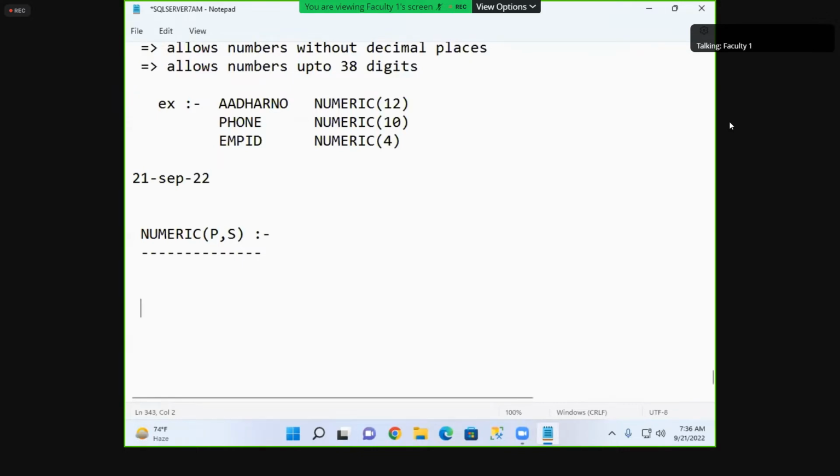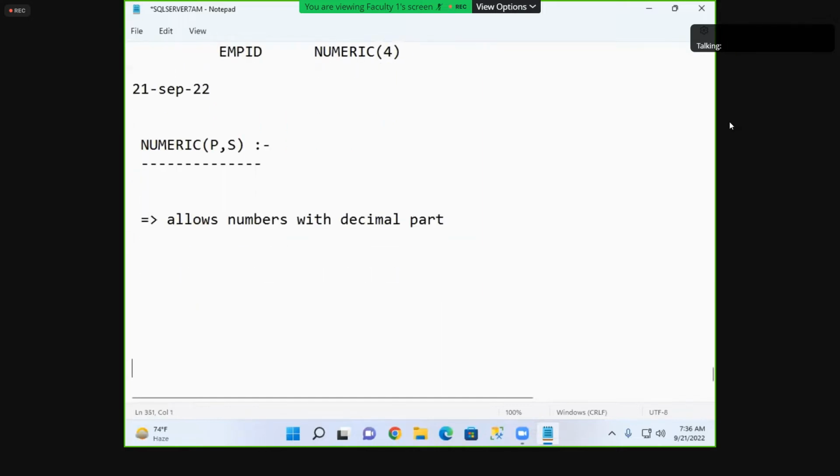What does this allow? Numbers with decimal parts. The previous one allows numbers without a decimal part, but this allows numbers with a decimal part. What does P stand for?